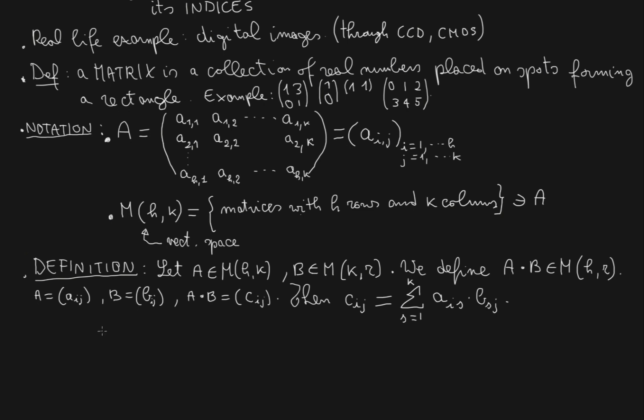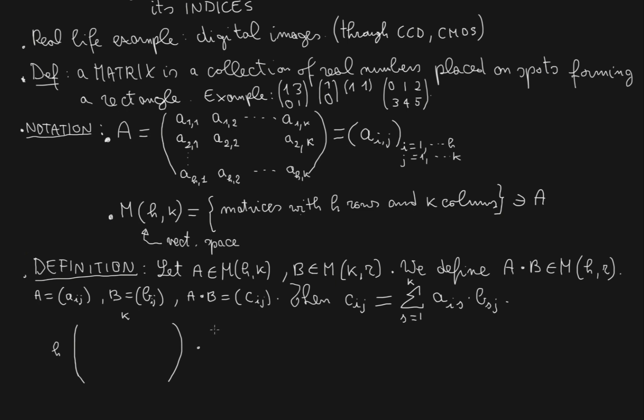Let's assume, for example, that the matrix A is the one on the left, a rectangular shape like this. We said that A belongs to MHK, therefore there will be H rows and K columns.